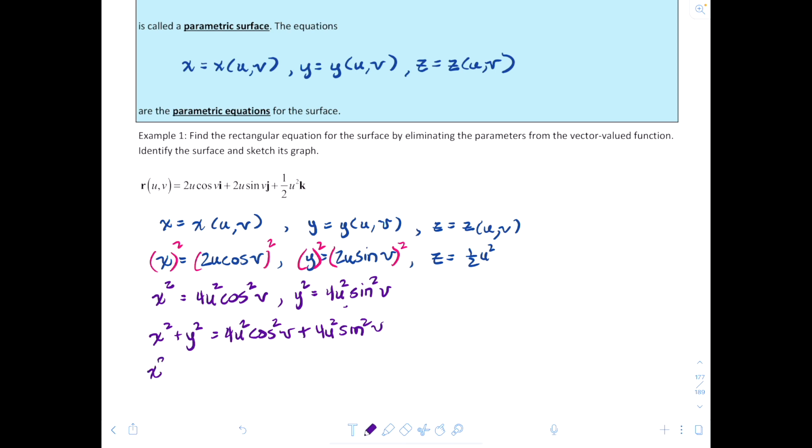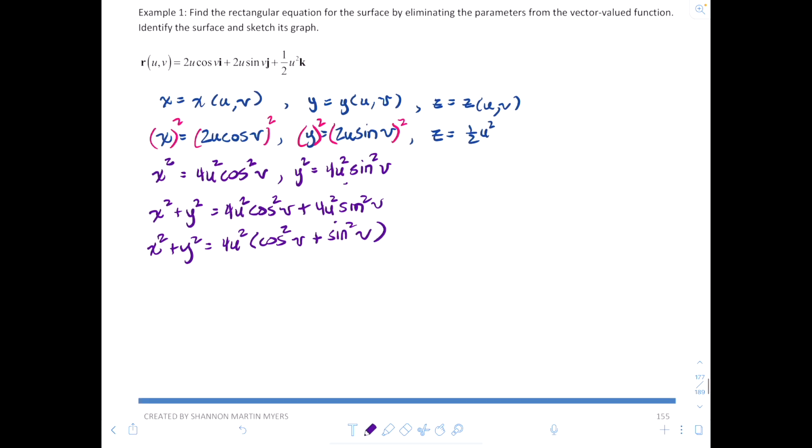So x squared plus y squared will be 4u squared times cosine squared at v plus sine squared at v. And as we're getting so used to now, isn't that just 1? So it turns out that x squared plus y squared is equal to 4u squared. And again, that's because this is 1. Groovy?